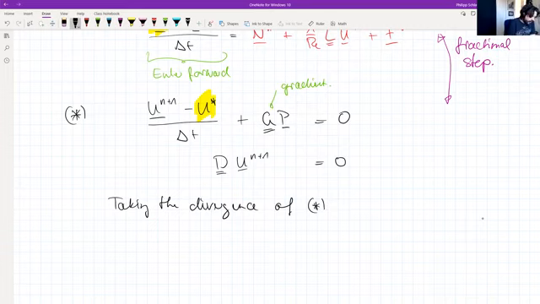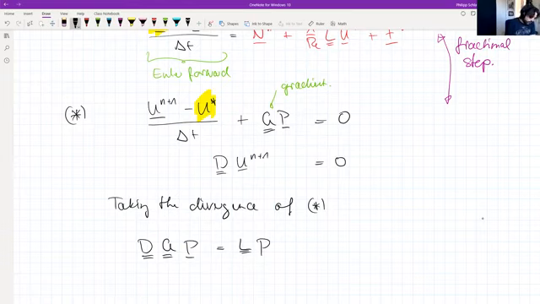Namely, I take the divergence, then I will see that D un plus 1, of course, is 0, and D u star remains, and also D times G times p remains. So what I will end up with is D times G times p is L times p.